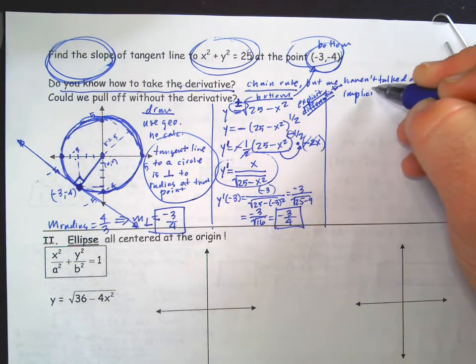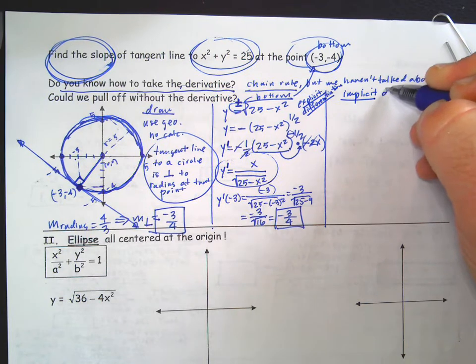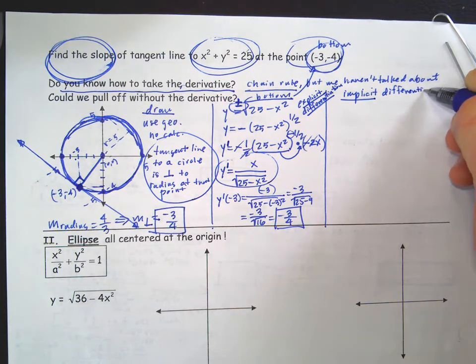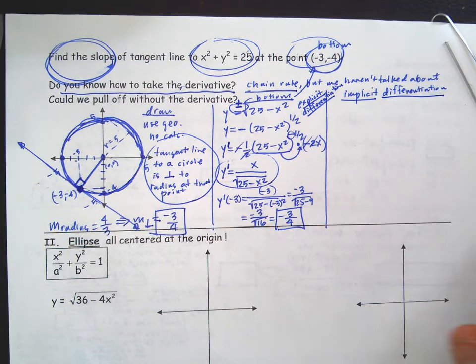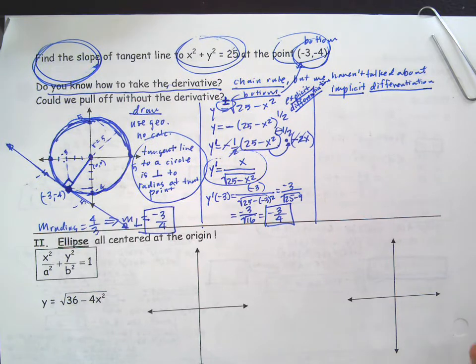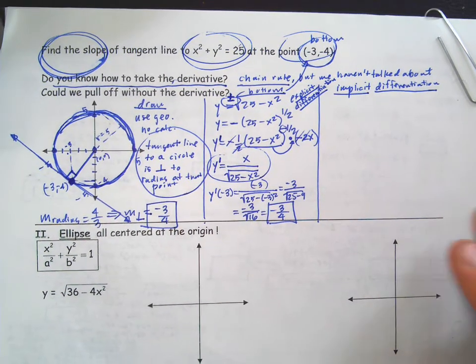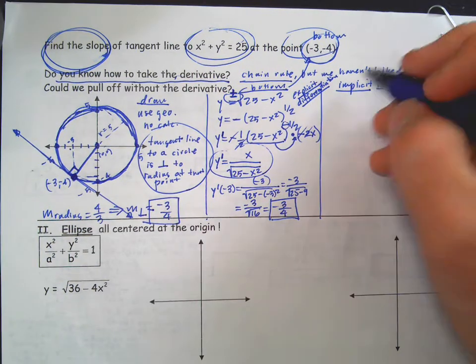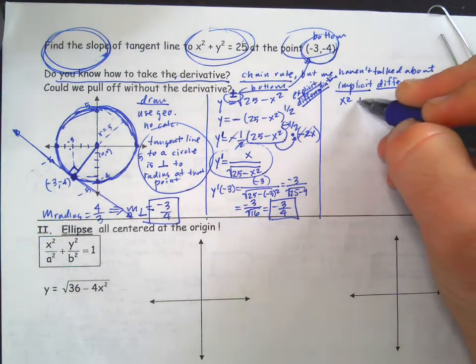It's called implicit differentiation. Now this is good just because this gives you a little peek at what we're going to learn, which I think is helpful to see these things a couple times before we go into it super serious.